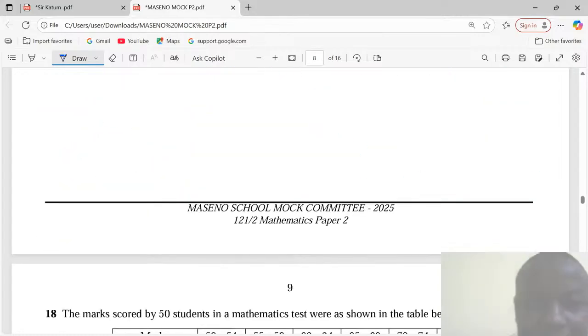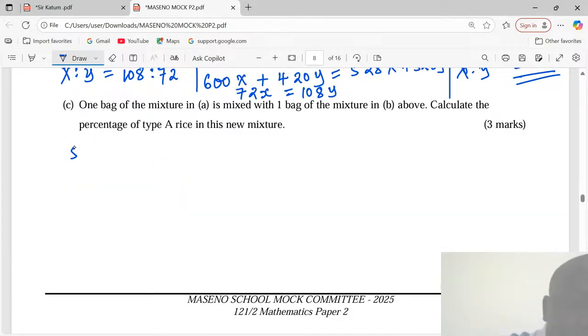So we are having 5 is to 3, and the other one now is 3 is to 2. Those are the ratios.